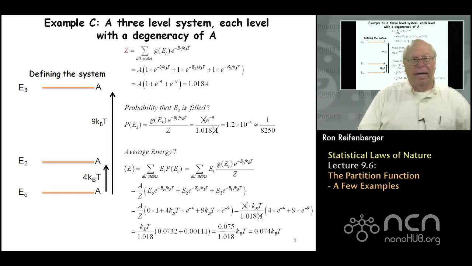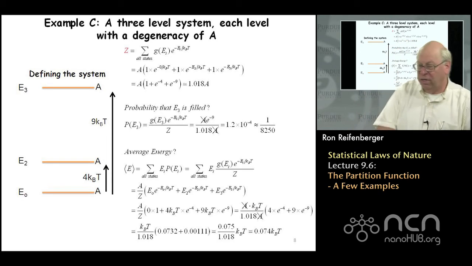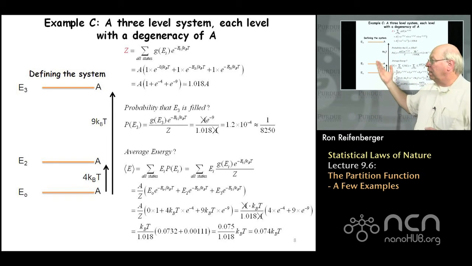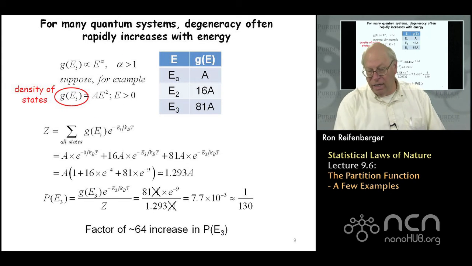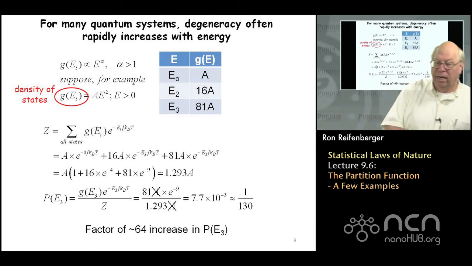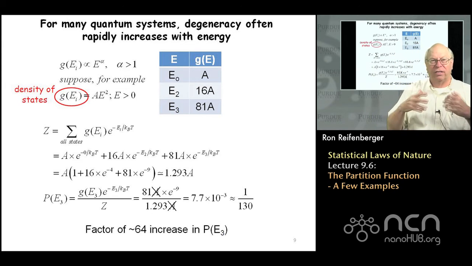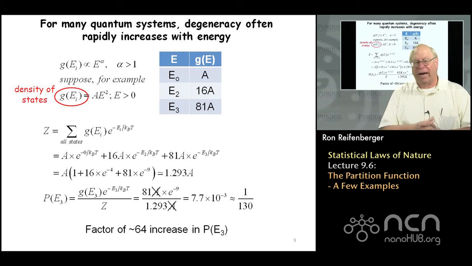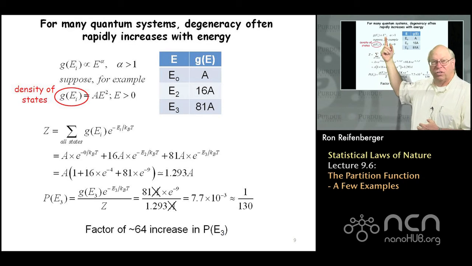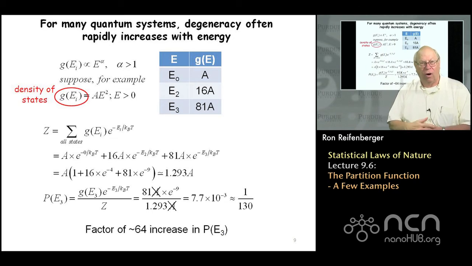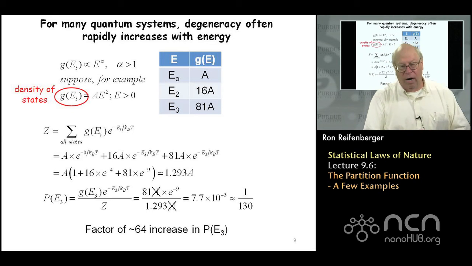Okay, so that's the simple case where the degeneracy for each system is the same. Now, it turns out in a lot of these quantum systems, the density of states, the number of ways you can arrange a particle in a different energy level, that density of states g increases usually as some power of energy E, and this power alpha is a quantity that typically is greater than 1.